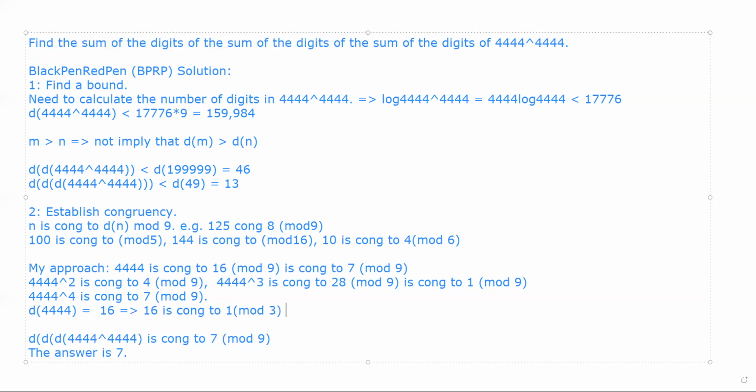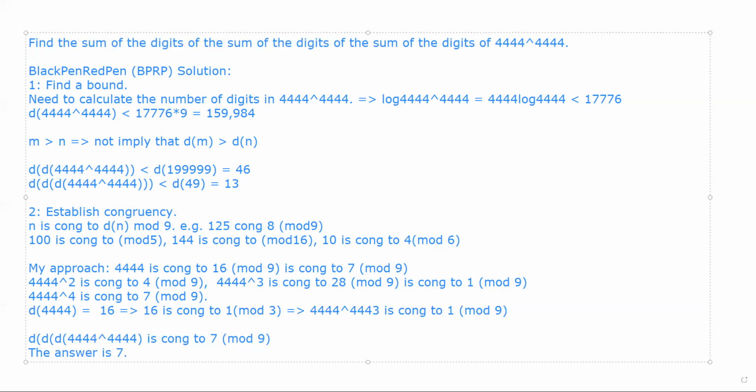And this implies that 4444 to the power of 4443. Remember I said any 4444 to the power of a number divisible by 3 gives you 1 mod 9. Then 4443 is divisible by 3, so it is congruent to 1 mod 9.